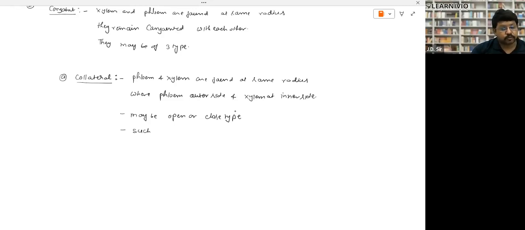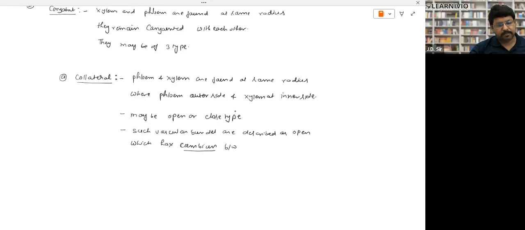Such vascular bundles are described as open which have cambium between xylem and phloem.